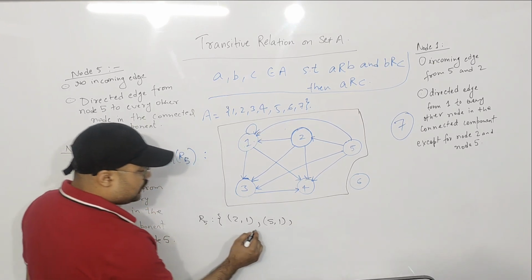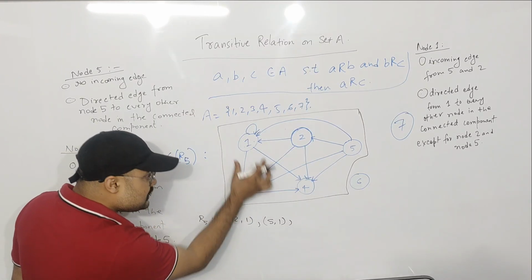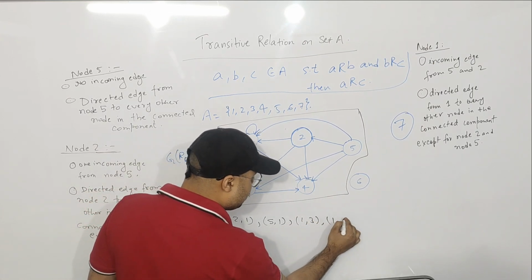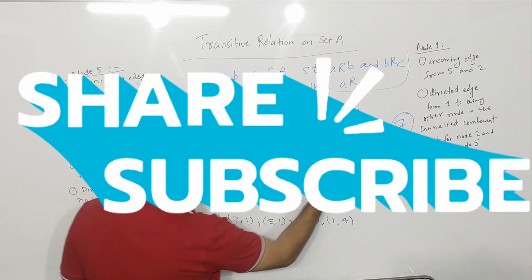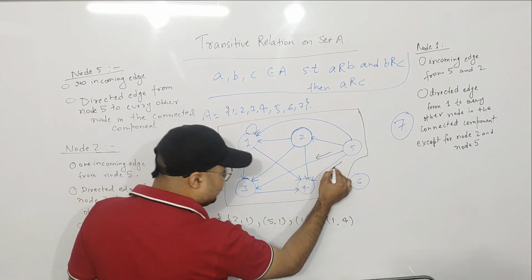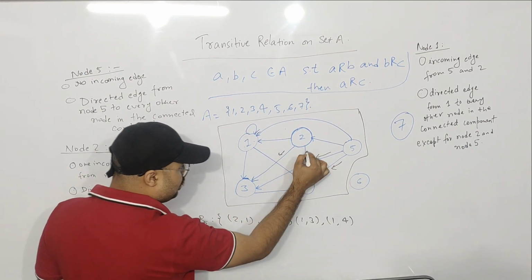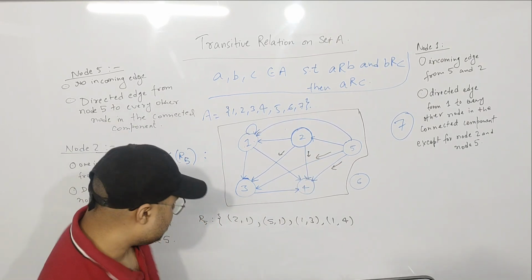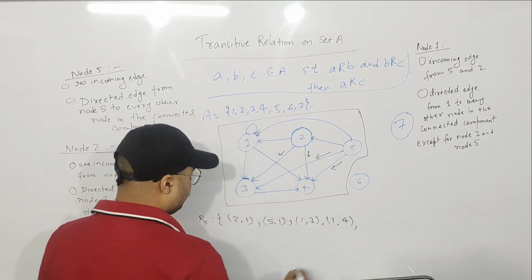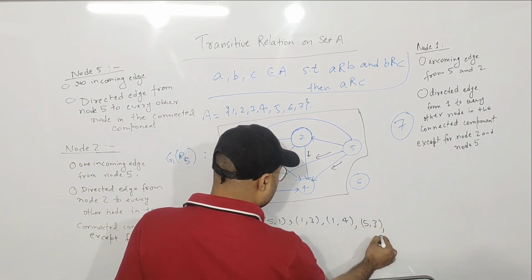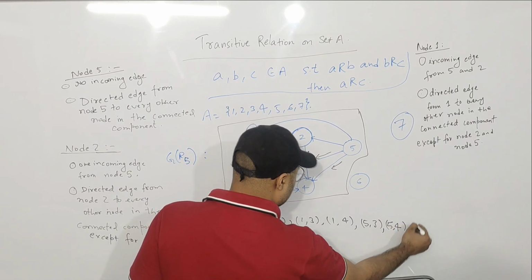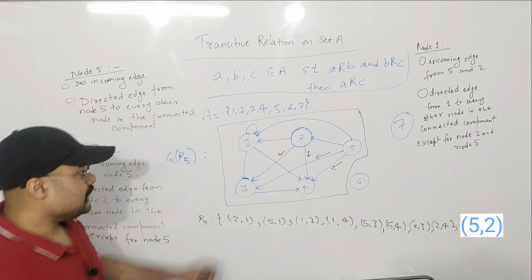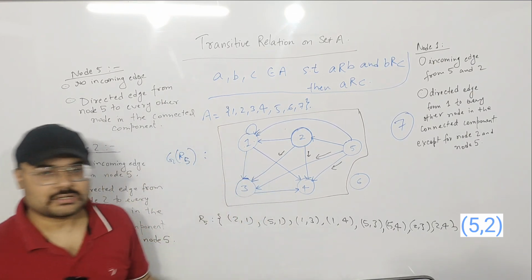Then there is an outgoing edge from 1 to 3 and 1 to 4, and these edges from 5 to 3 or 5 to 4, from 2 to 3 or 2 to 4, are there to satisfy the transitive constraint. 5 to 3, 5 to 4, 2 to 3, 2 to 4 have to be there to satisfy the transitive constraints.